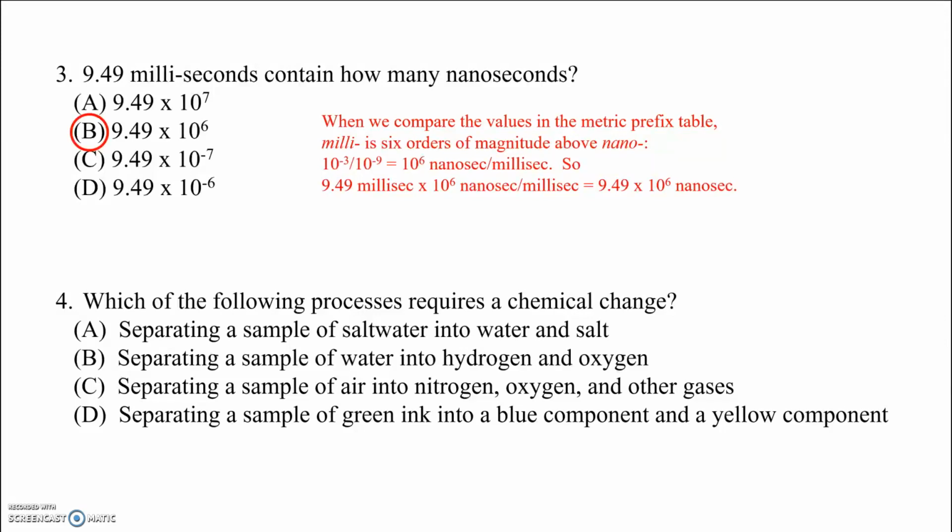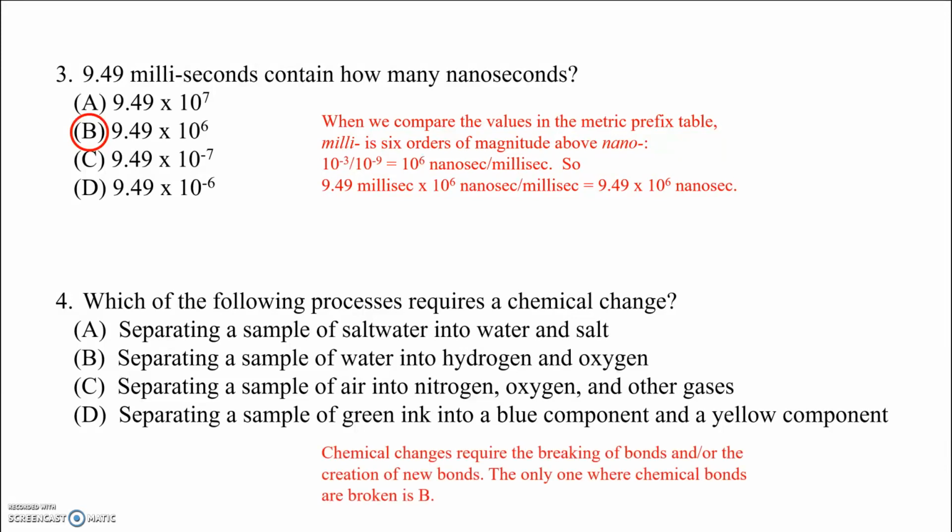On number 4, which of the following processes require a chemical change? Well, chemical changes require the breaking of bonds and/or the creation of new bonds. And the only one where that happens is B, because in A, all we're doing is filtering or possibly precipitating out, somehow mechanically separating the water and the salt.